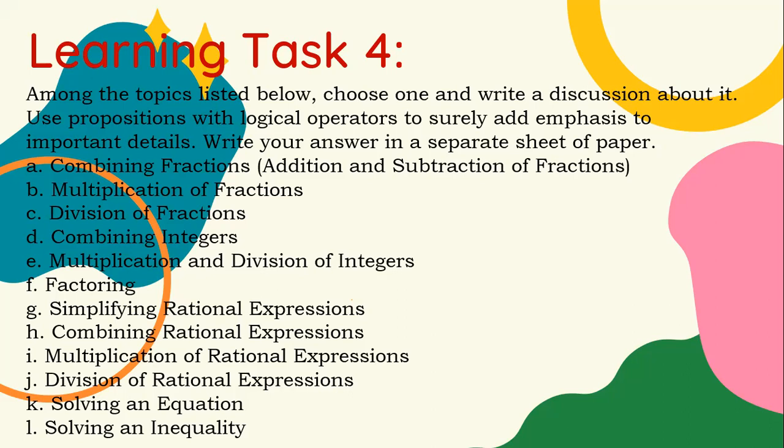B, proposition B, find the least common denominator. Tapos pagdating dun sa steps na ilalagay ninyo, halimbawa ang A kunyari ninyo ay fraction is in lowest term. Ilalagay ninyo ay if not P, ibig sabihin if not in lowest term, then find the GCF, parang ganon.